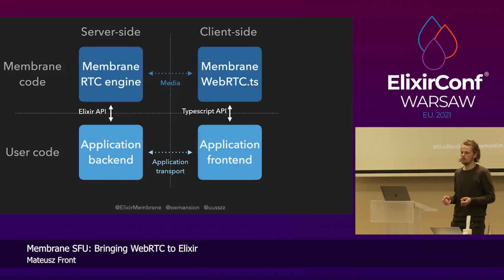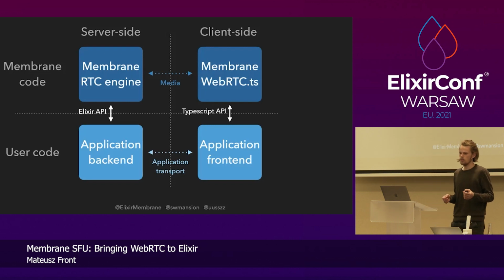That's why Membrane WebRTC engine doesn't impose any kind of transport API on someone's system. It can be just integrated into what is already used, or the user can choose whatever fits them best. For example, it can be a LiveView application, it can use Phoenix channels, but it can also use GraphQL for transport. It doesn't matter.